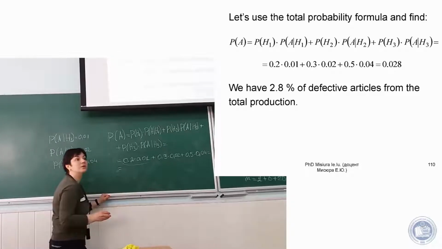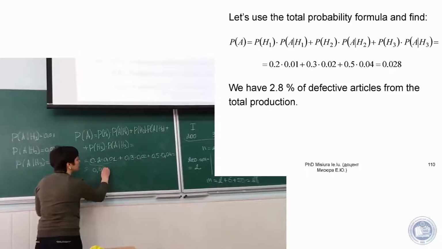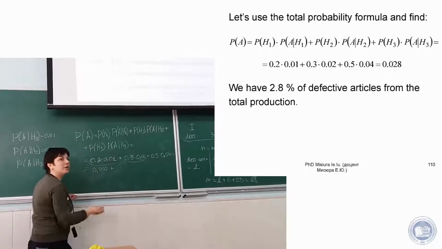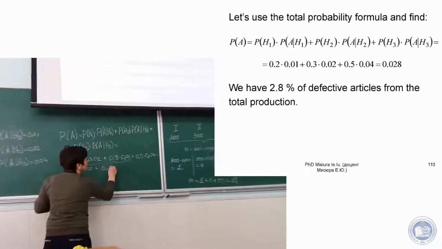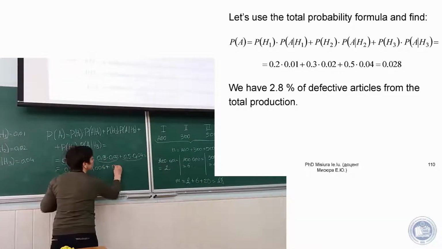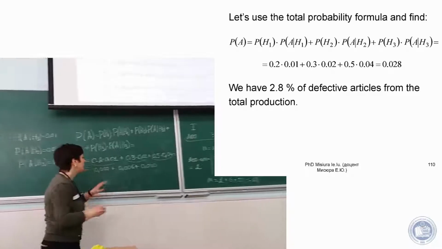What is it? It's 0.002, agree? Plus this multiplication, 0.006, okay, and this multiplication 0.02. Let's use 0.020, okay?